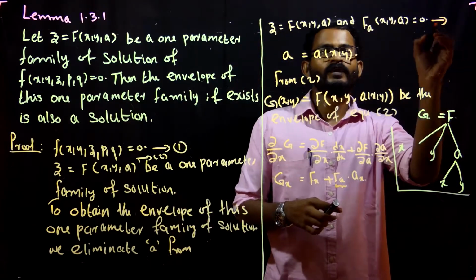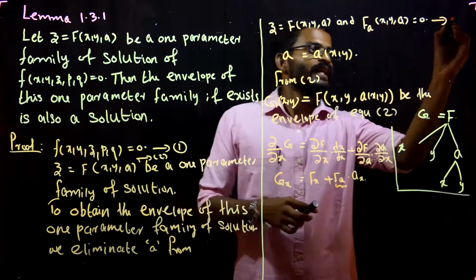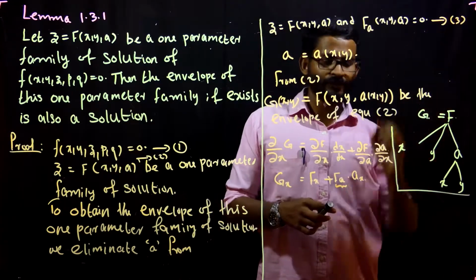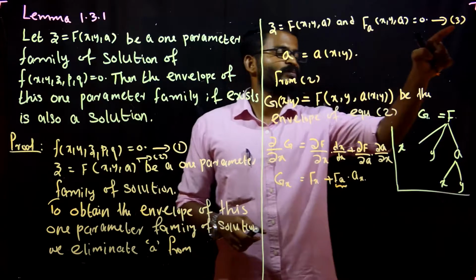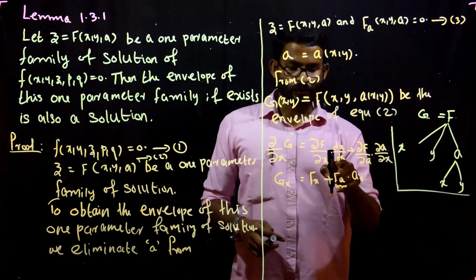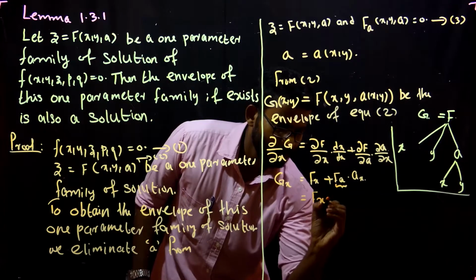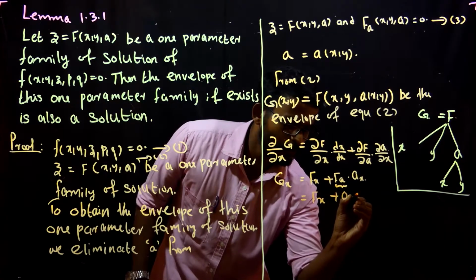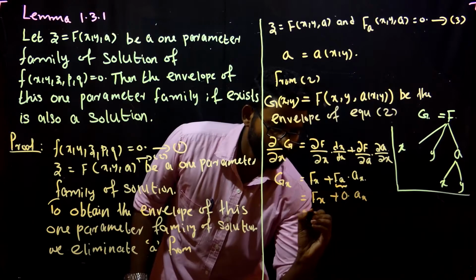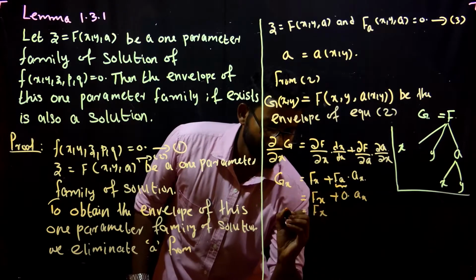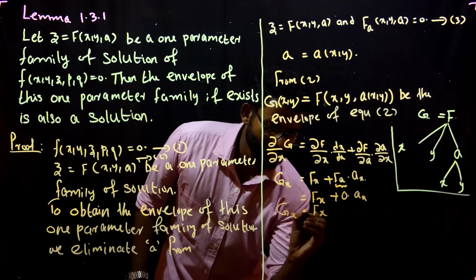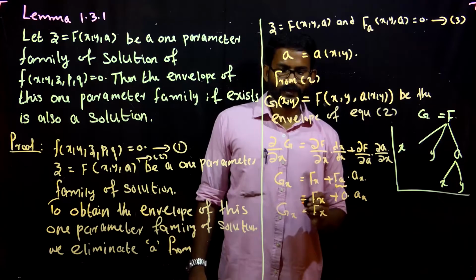From equation 3, fa should be 0, which means gx is equal to fx plus 0 into ax, equal to fx.